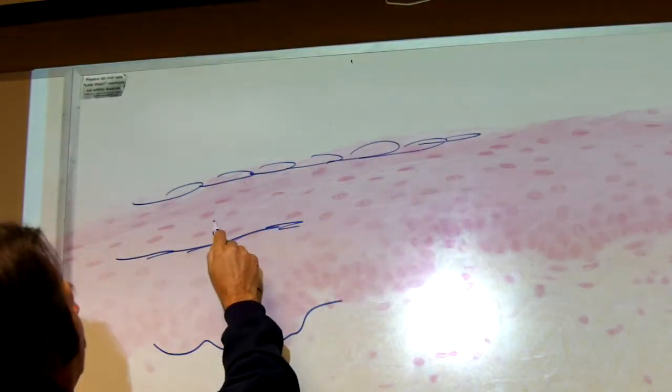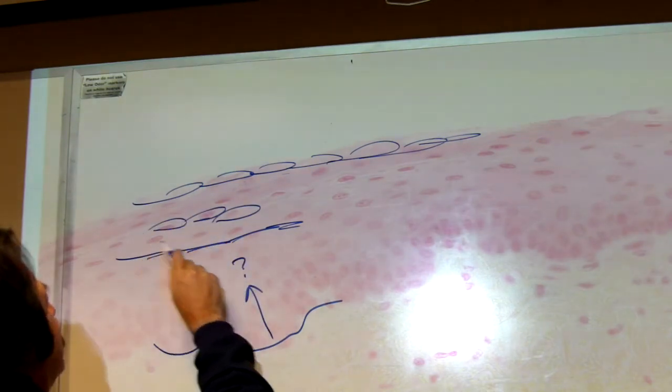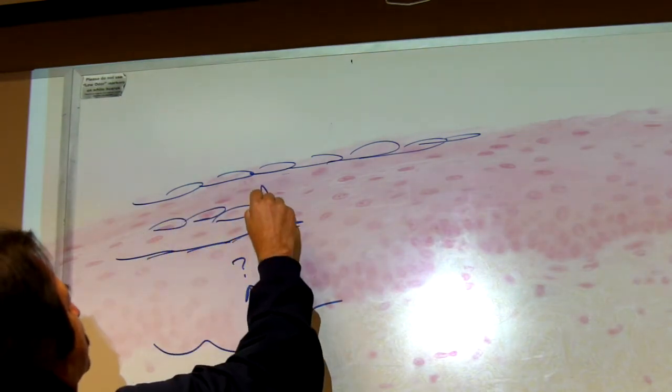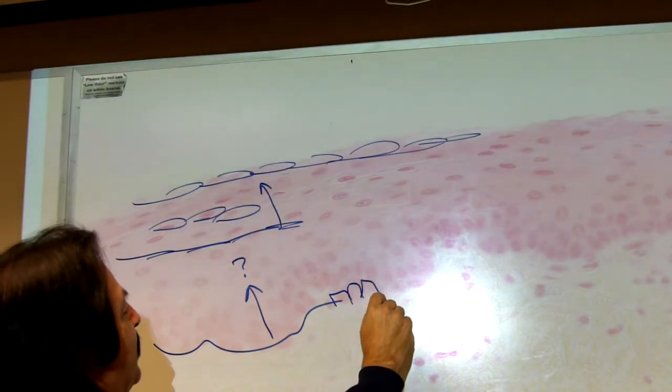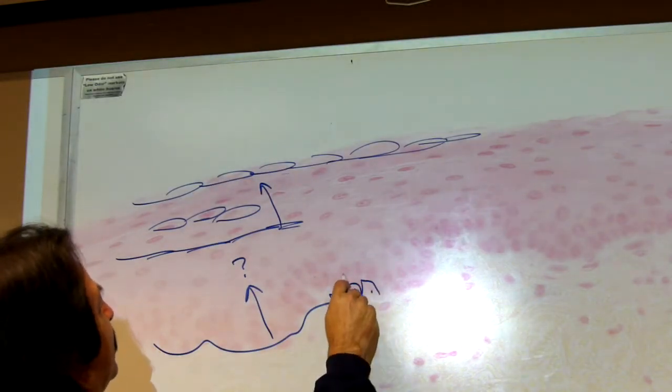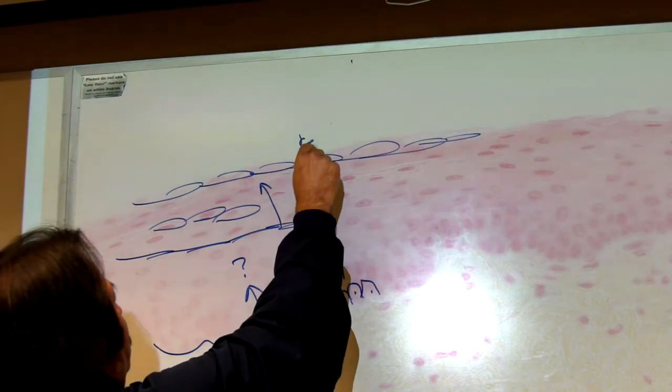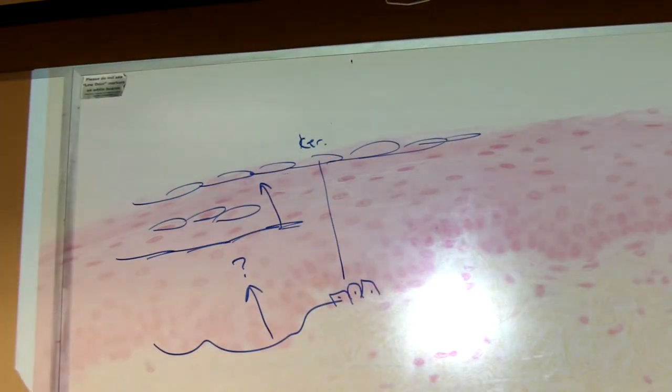Okay, so these are still living and stuff like that. Everything is just going to transition from cuboidal-ish cells till finally fully keratinized apical cells. All right, stratified squamous, keratinized apical cells, and cuboidal basal cells.